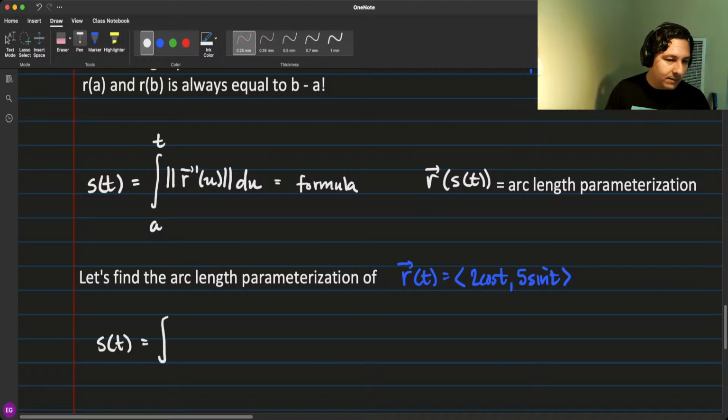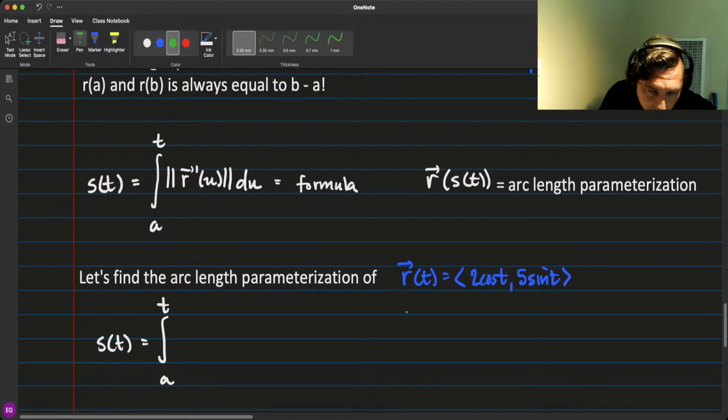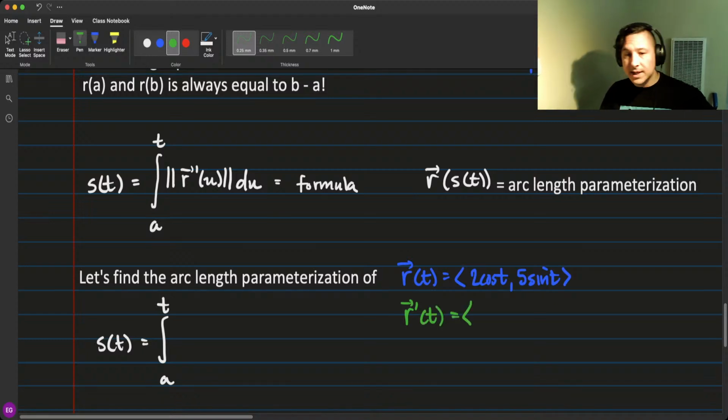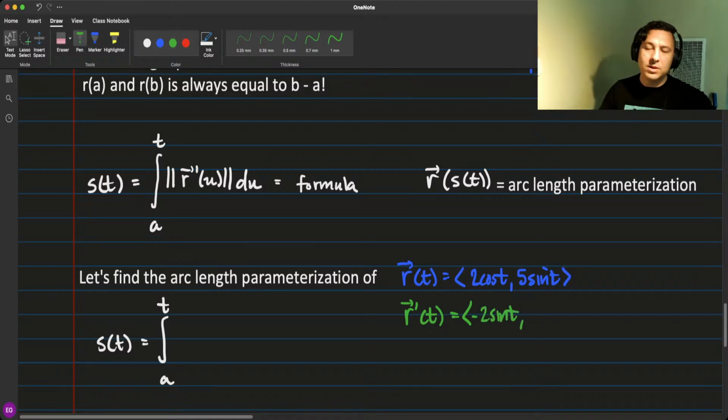So you're going to go from A to t of, now you need the derivative of r. If you calculate r prime, the derivative of 2 cosine t is going to be minus 2 sine t. The derivative of 5 sine t is going to be 5 cosine t.